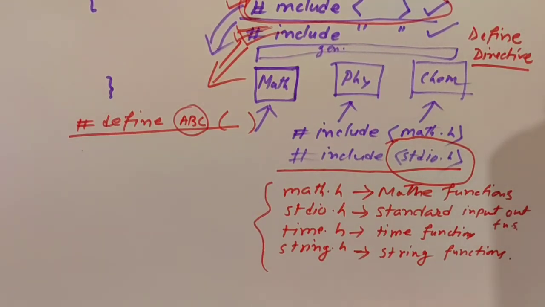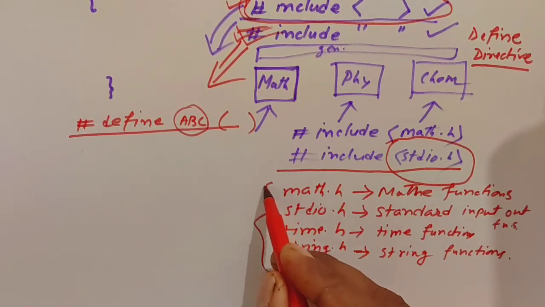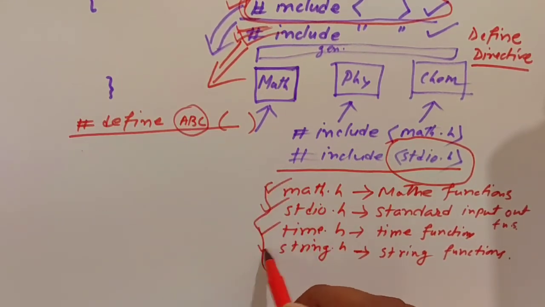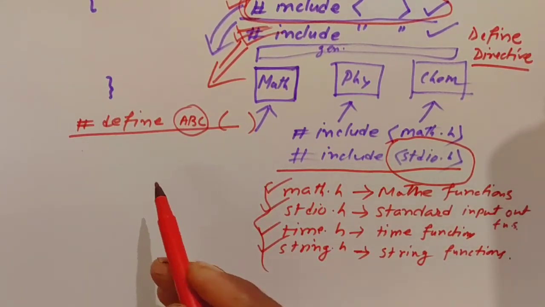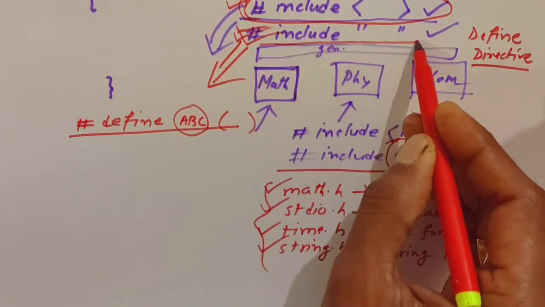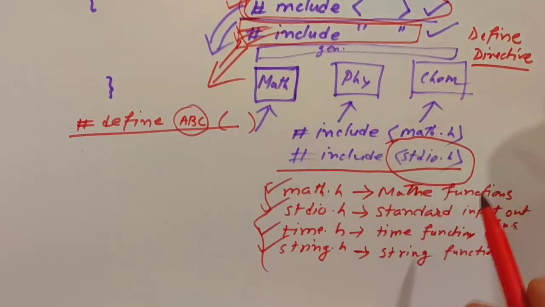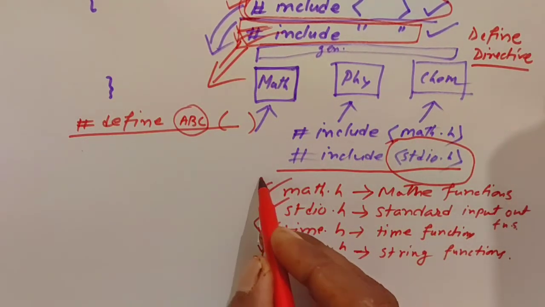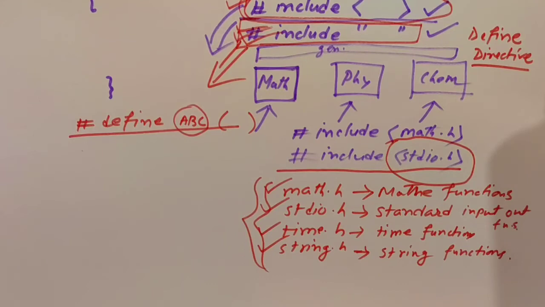However, basically you have to be clear about these four types of header files, and define directives will be less useful for our case. As we go on with examples, it will become clearer.